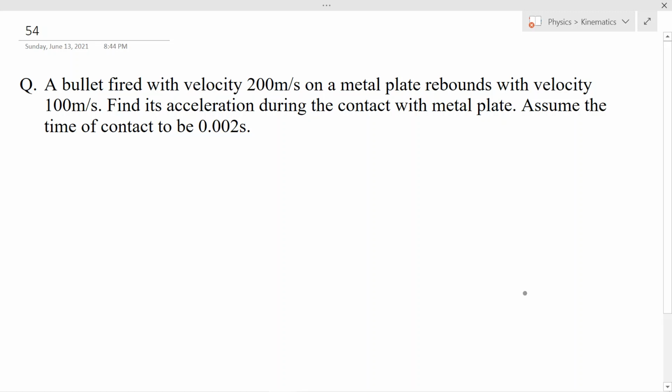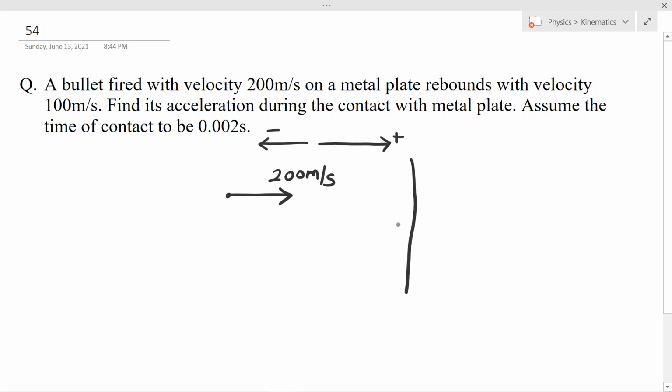Now, this question will really test our understanding of the directions in kinematics. So let's say the bullet is fired in the right direction. This velocity is 200 meter per second, and now let's take the right direction as positive and the left direction as negative.